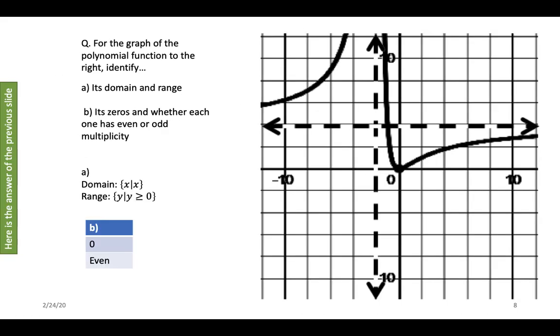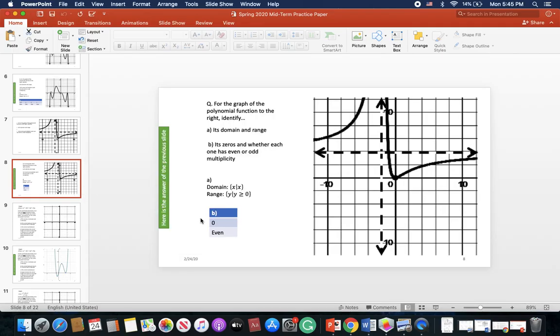For this function also, the domain and range, I think this is not correct, so let me do the correction here. This will be x is not equal to -2.